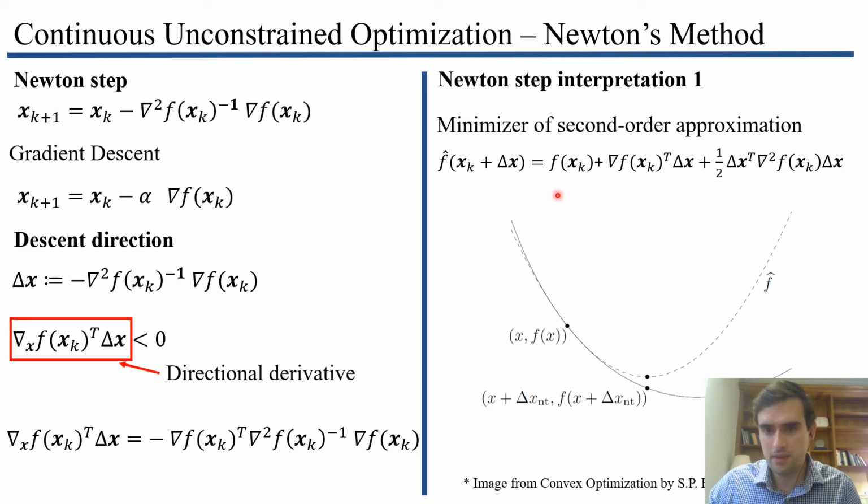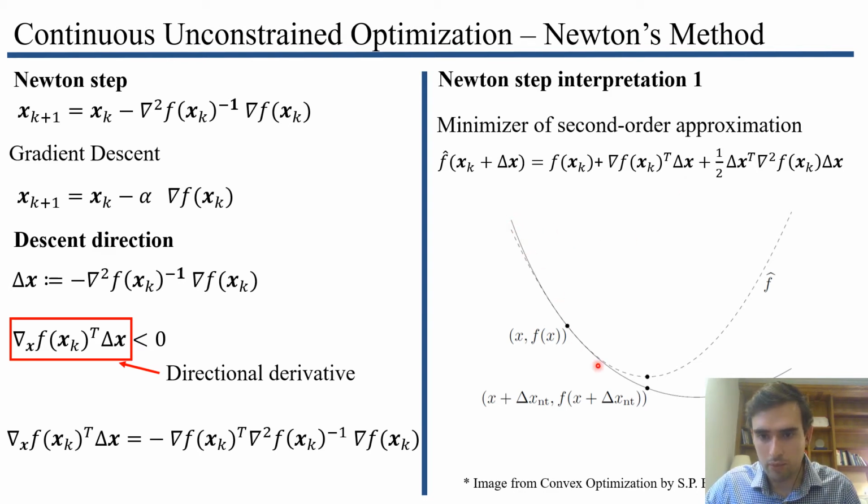This is my second order approximation, and this is a quadratic function. By minimizing this function, I'm going to get delta x, and this is the direction that I'm going to move.